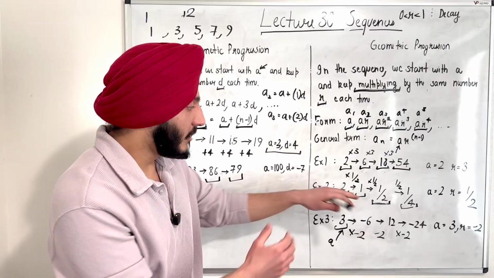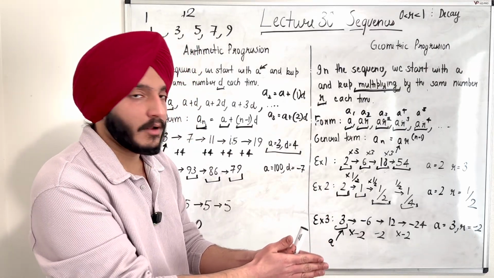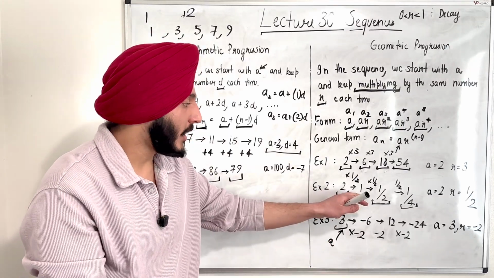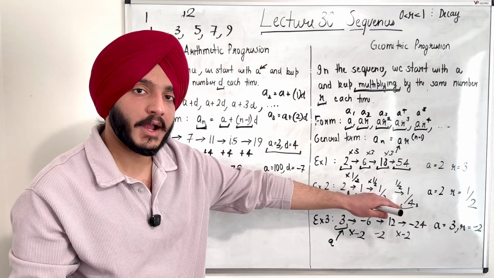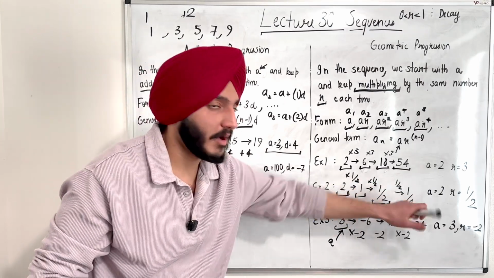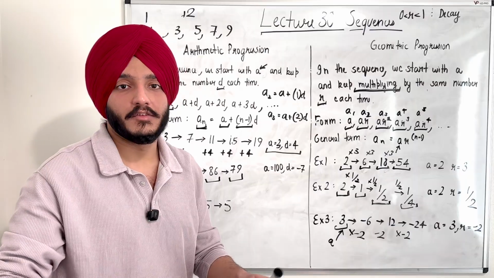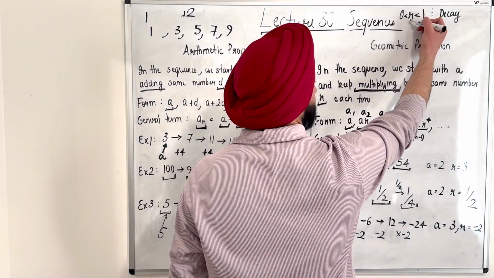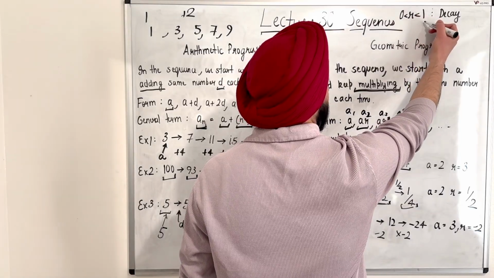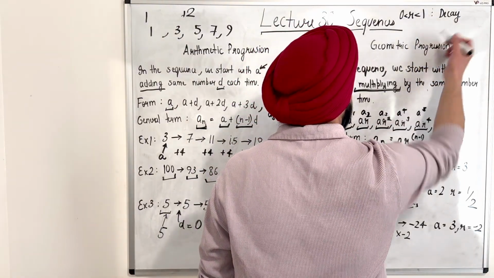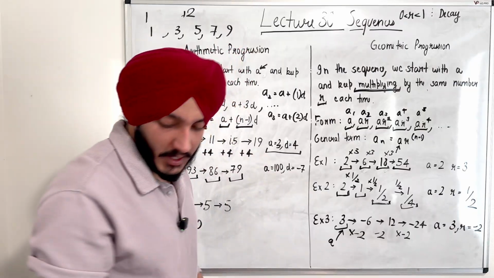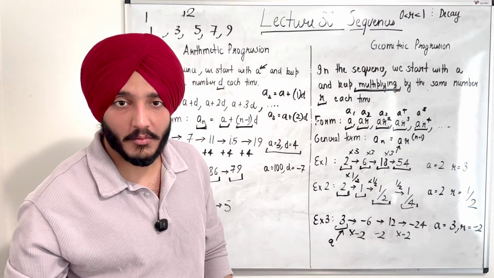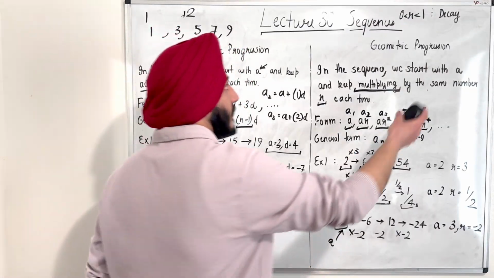We divided 2 by 2, giving us 1. Divided 1 by 2 again, giving us half, then 1 by 4. So it keeps on decaying. If R is a value which lies between 0 and 1, then it is going to decay. And the third one is what happens if you multiply by a negative value.